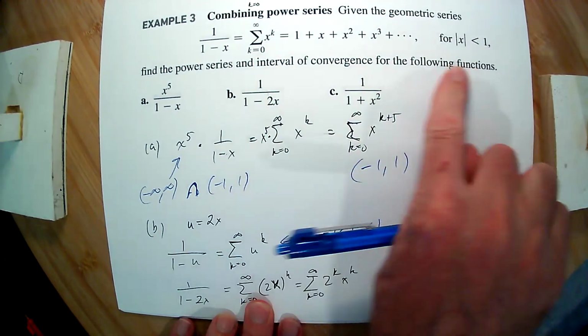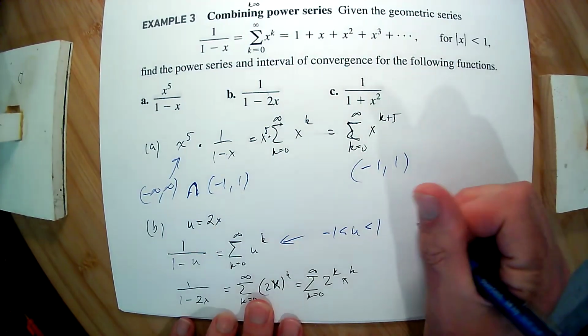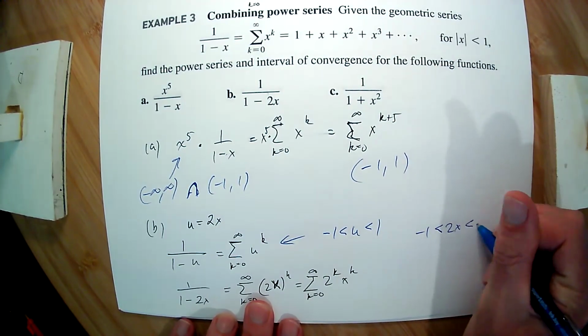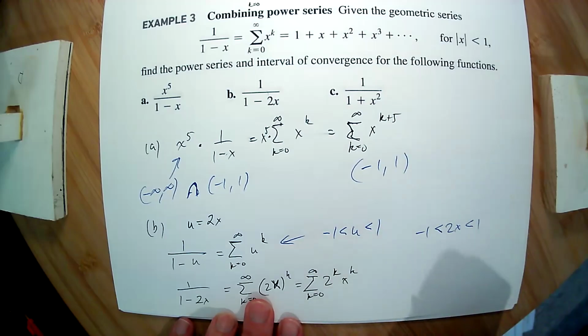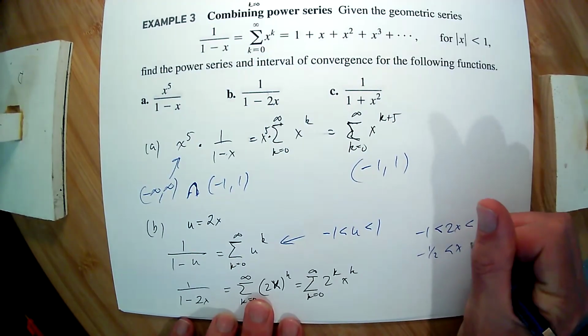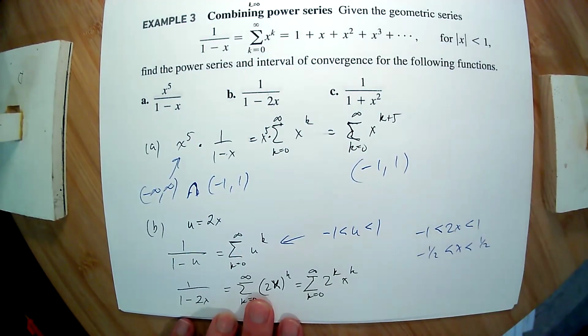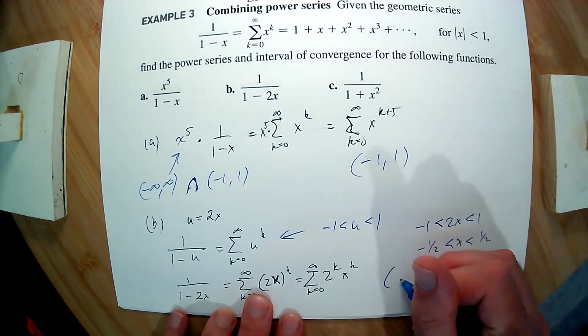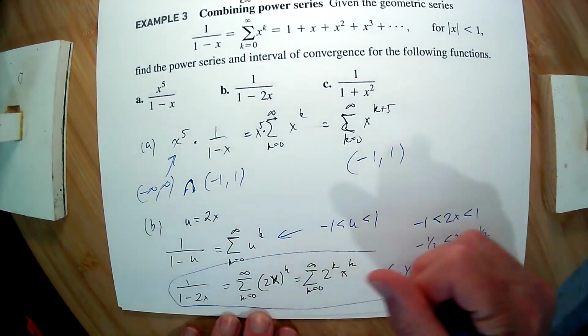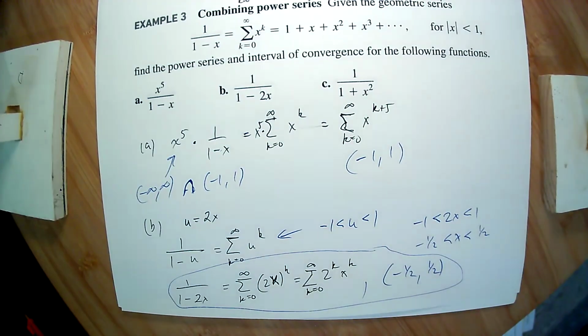So that means our series converges where -1 is less than 2x is less than 1, just replacing u with 2x. Now solve for x. So -1/2 is less than x is less than 1/2, just dividing by that positive number 2. So our interval of convergence is -1/2 to 1/2 for this series. One more.